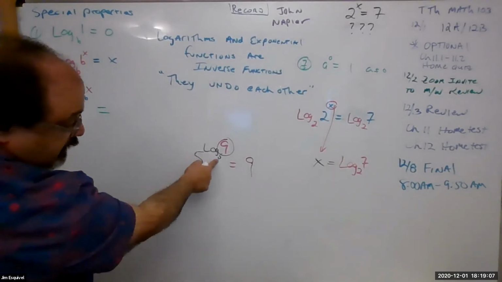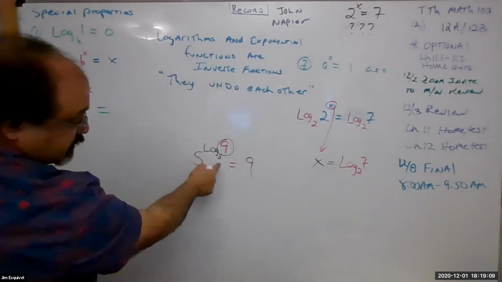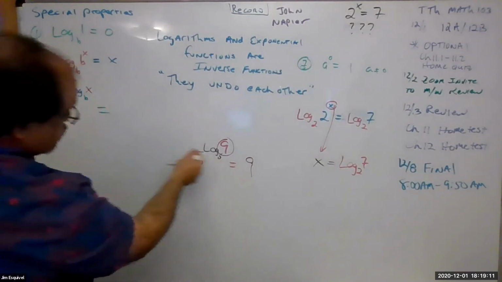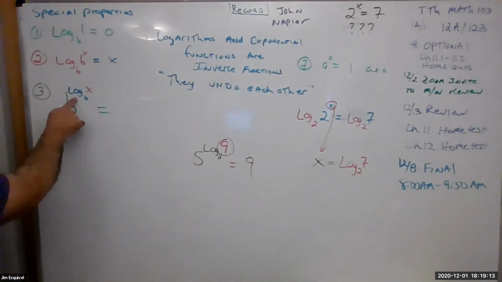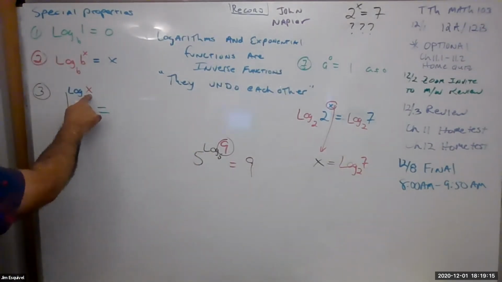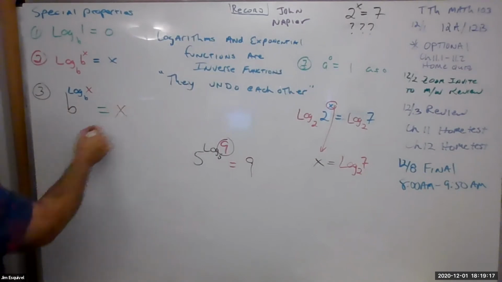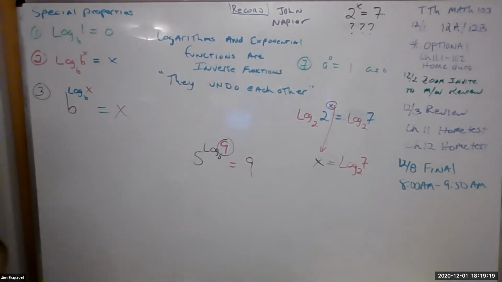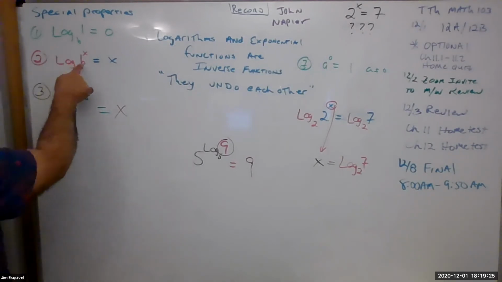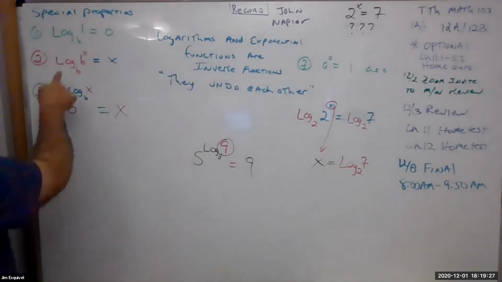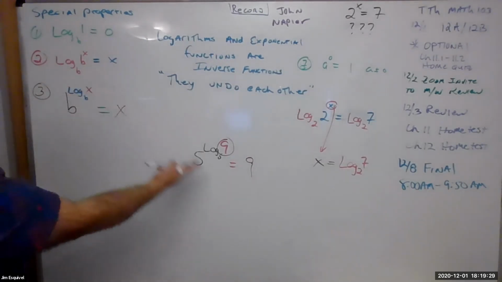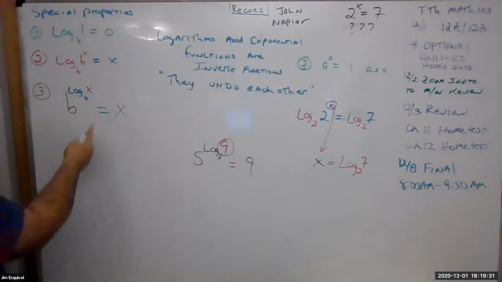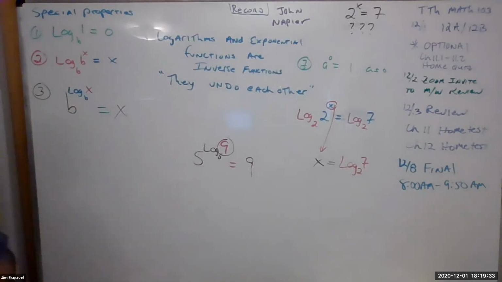That's a logarithm base 5. They undo each other. So the answer is 9. b to log base b of x, they undo each other. You just get the x. So you need to recognize what you're looking at. And there's no work to show. You just need to know that that is exactly an example of what you're looking at.